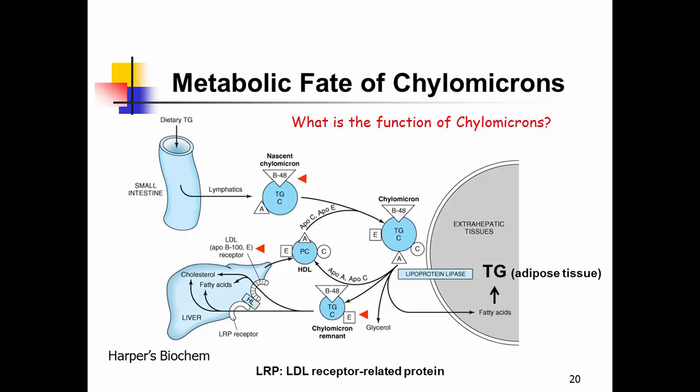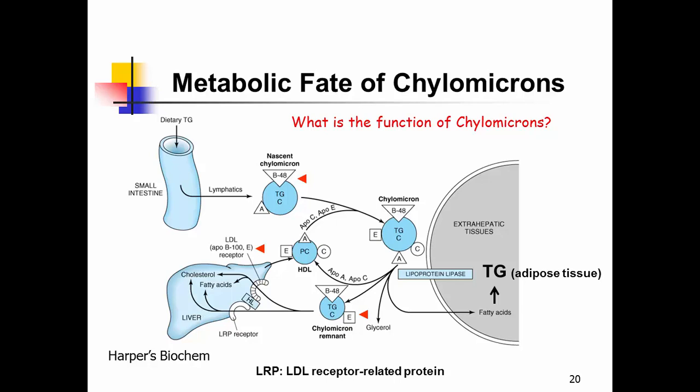Any questions about chylomicron metabolism? You can see from the whole process, the triglyceride from the small intestine, initially from the diet, is transported to adipose tissue and the liver.